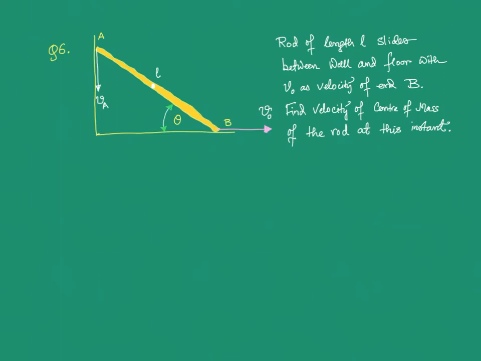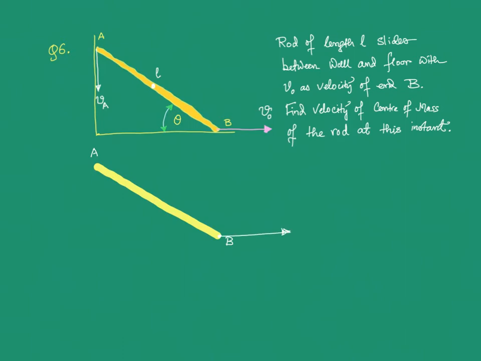Okay, so now what do we do here? With respect to A, B's relative motion is circular motion. So with respect to A, B will move in a direction perpendicular to the length.